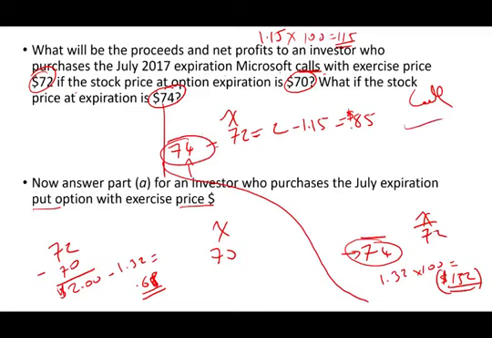When it's 74 and you have a put, you have a loss. The opposite is true for the put option. For the put option, when the exercise price is 72 and the stock price is 70, you have a gain. Here, when the price is 70 with a call and the exercise price is 72, you have a loss. You don't do anything. You let the call expire.